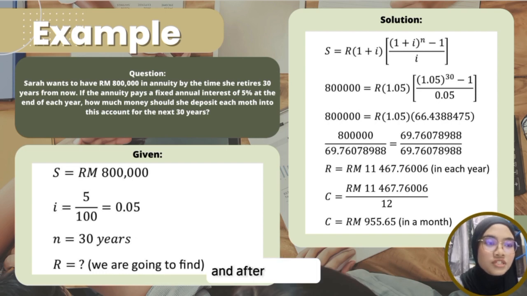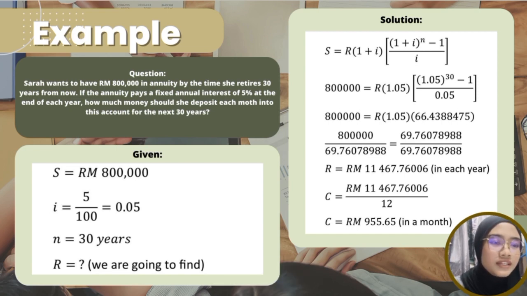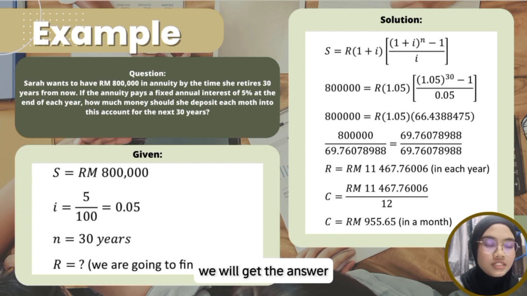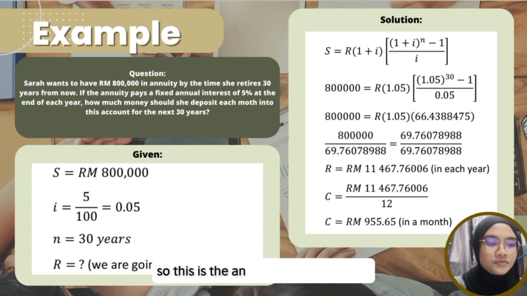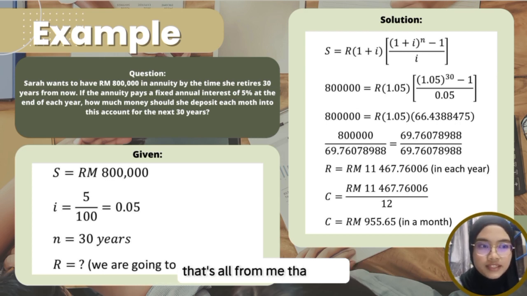After we substitute and calculate, we get the answer, 955.65 ringgit a month. So this is the answer for this question. That's all from me. Thank you.